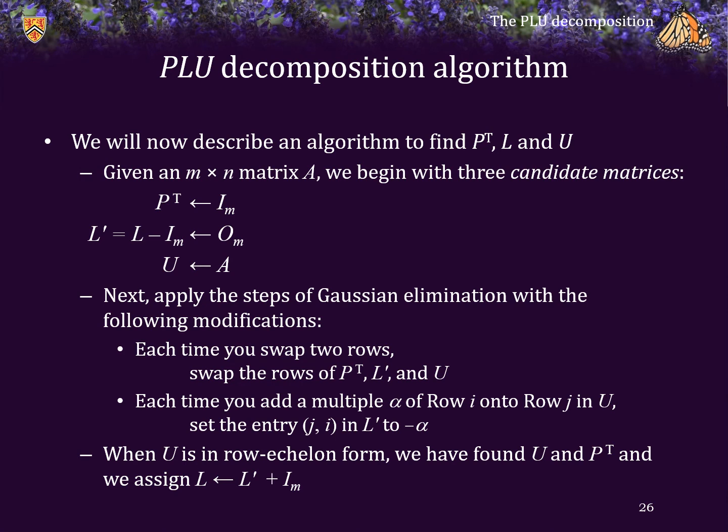Finally, when U is in row echelon form, we are done. We have found U and P transpose, and we assign L the matrix L prime plus the identity matrix.